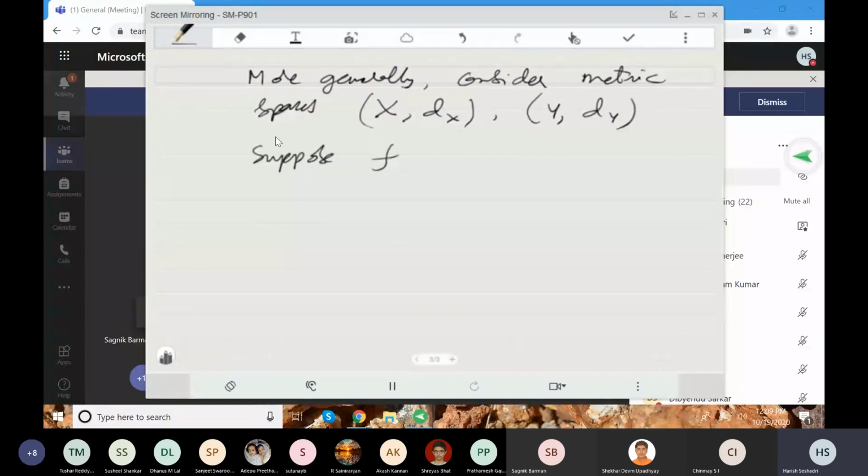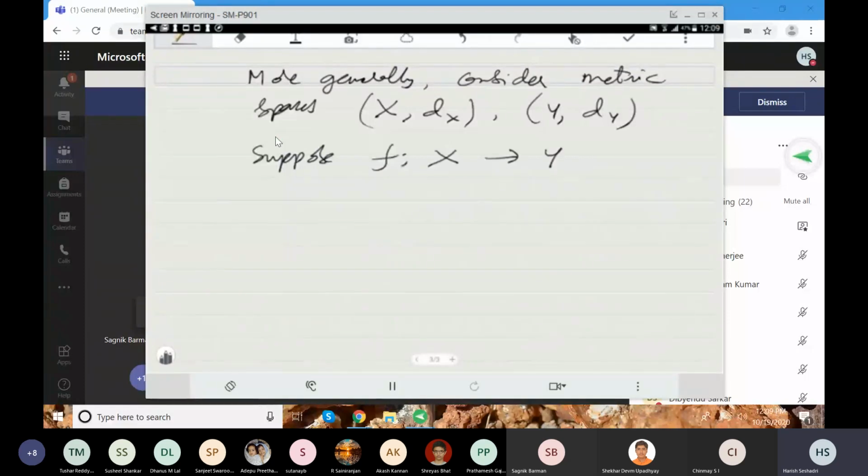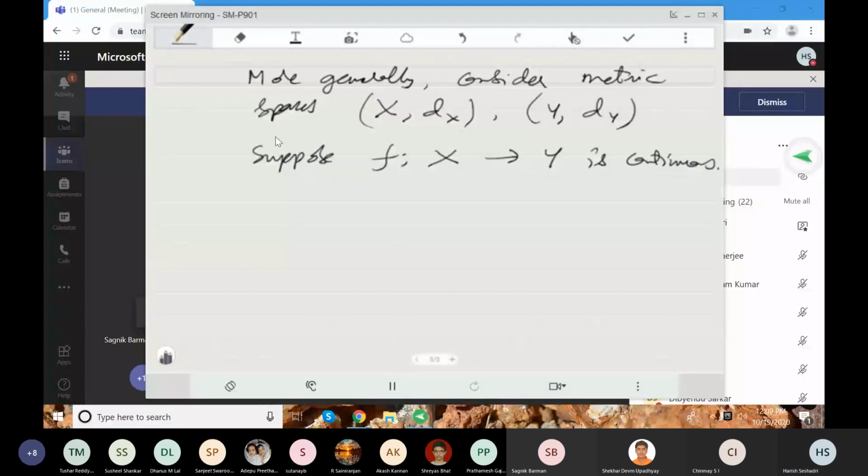Suppose we have a continuous map f from X to Y. Now, I change the metric on the domain and the range.